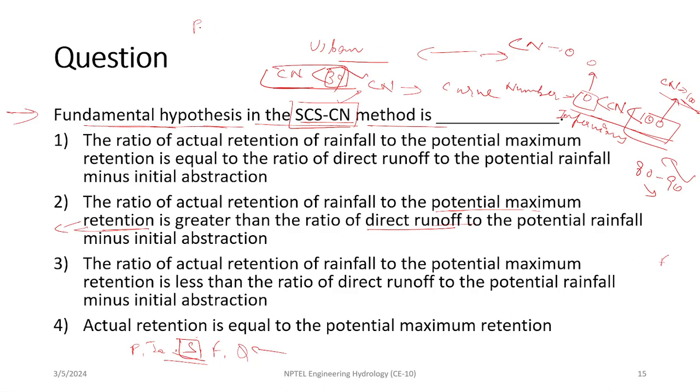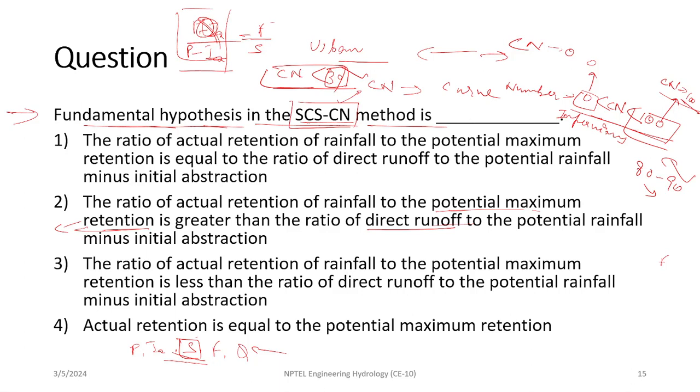So there may be an equation P minus IA, F by S, and maybe if I'm not wrong, it will be just the reverse of this. Q upon P minus IA is equal to F by S. Am I right? Q upon P minus IA, like direct runoff to potential rainfall minus abstraction.